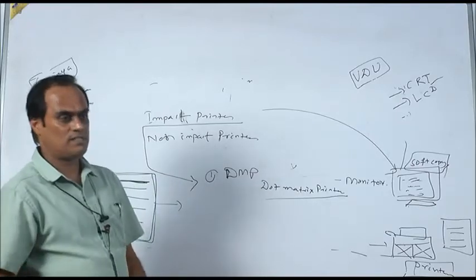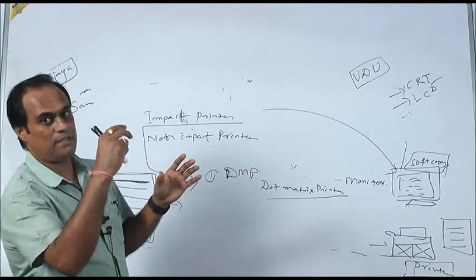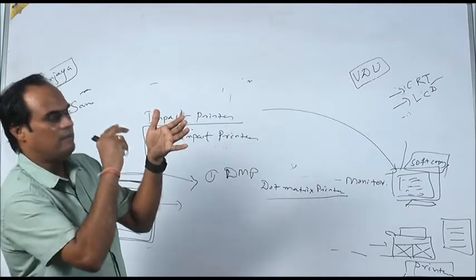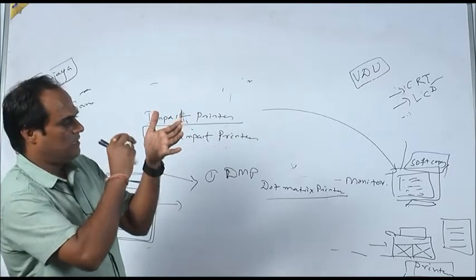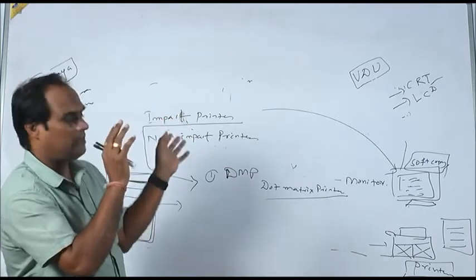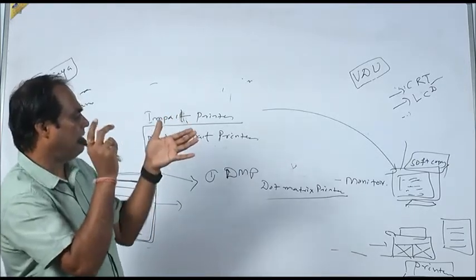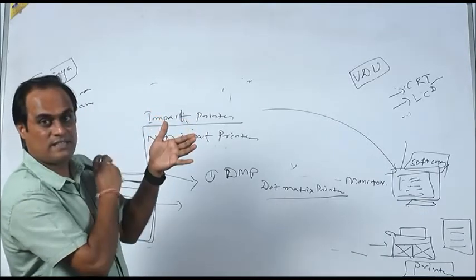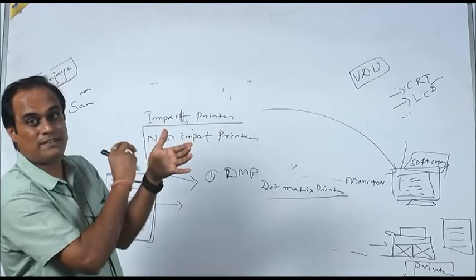One head was there, like a typewriter, striking on the paper for printing the documents or the output. Like your typewriter, when you press a key, it directly strikes on the paper. That is the DMP, dot matrix printer.